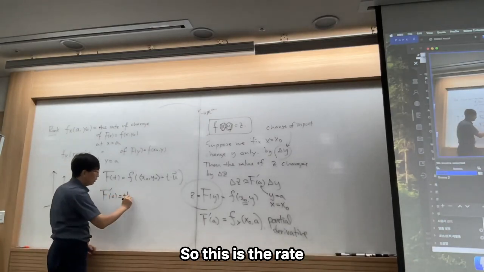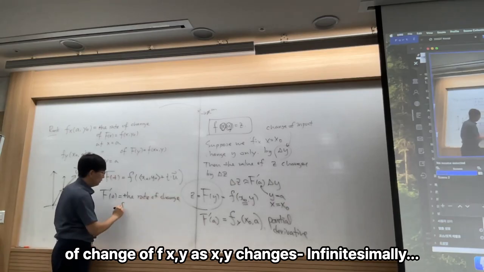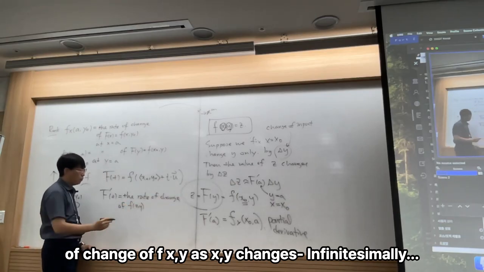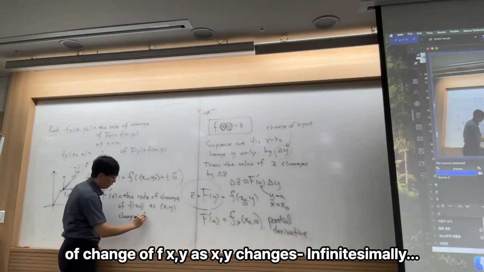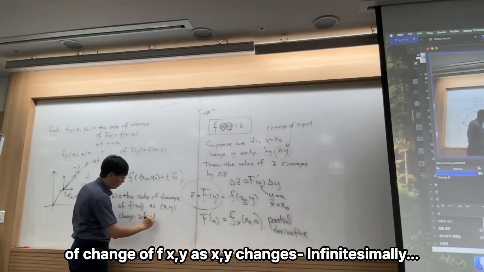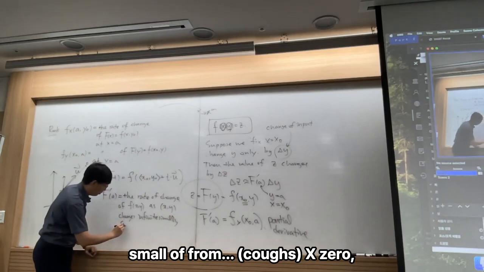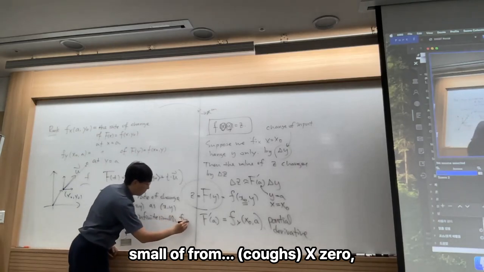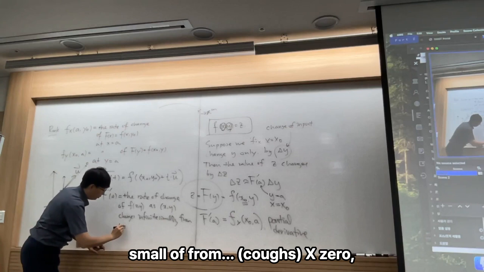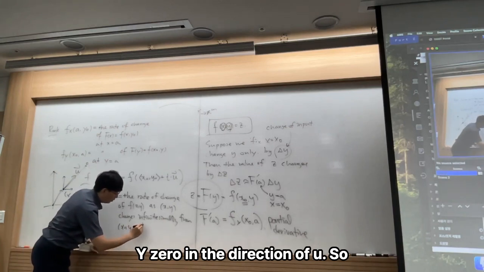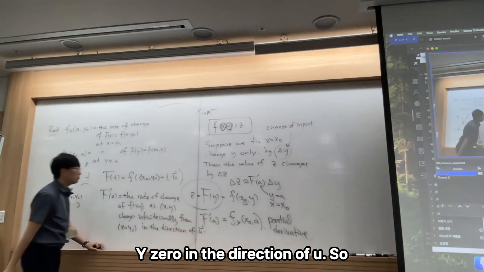So this is the rate of change of f(x, y) as (x, y) changes infinitesimally small from (x0, y0) in the direction of u.